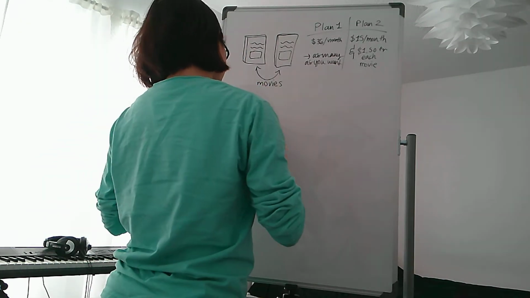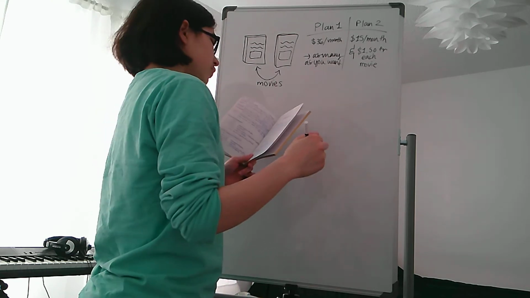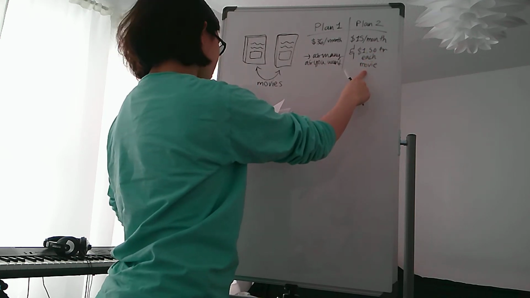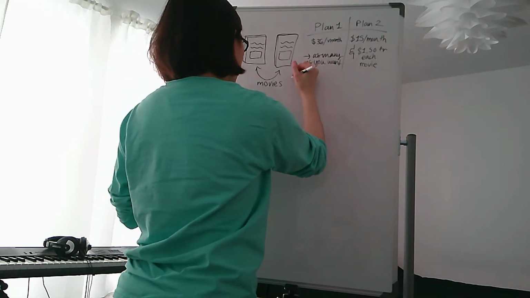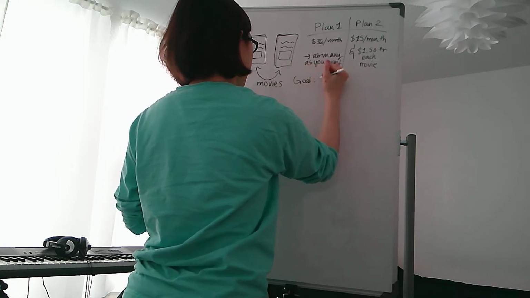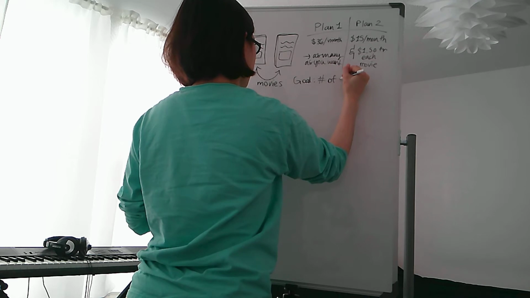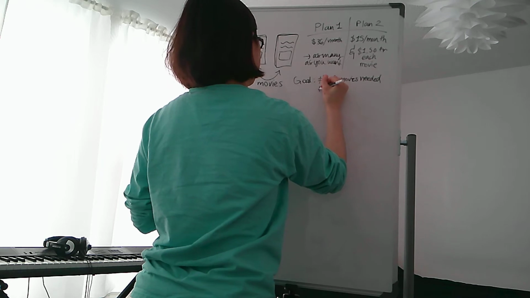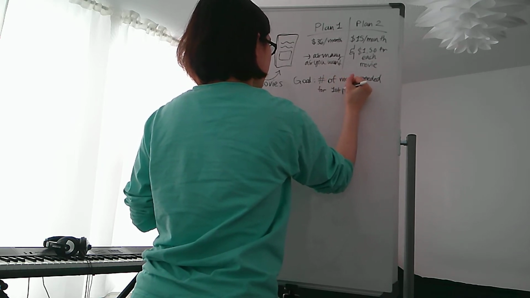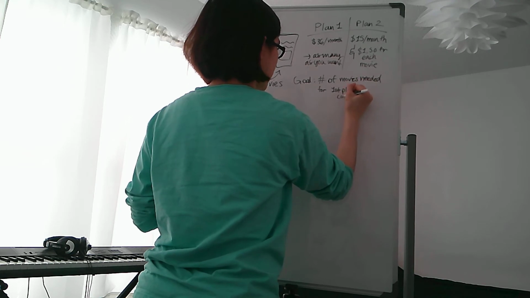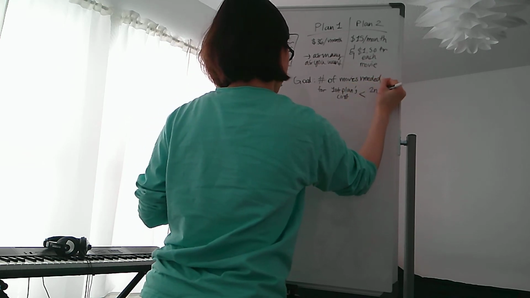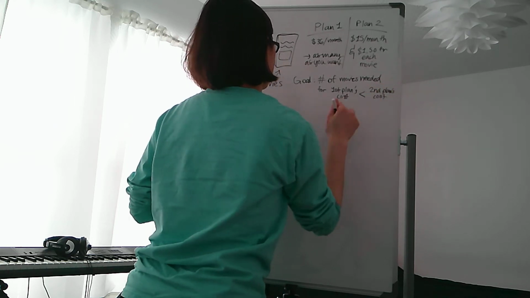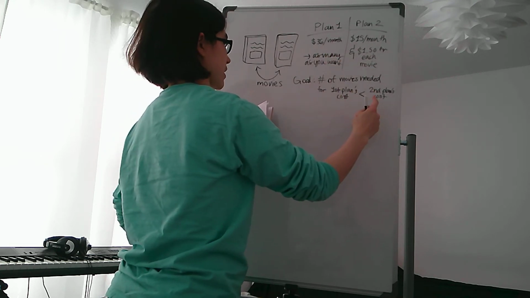So the question is, how many movies do we need to rent in 1 month for the first plan's cost to be less than the second plan's cost? So this tells us we're dealing with an inequality.